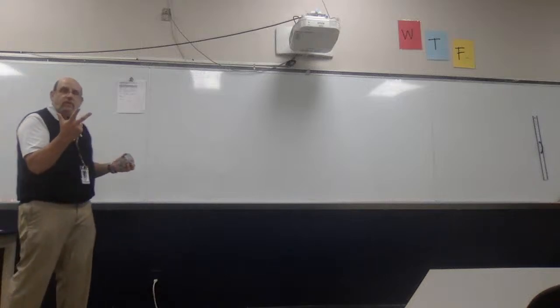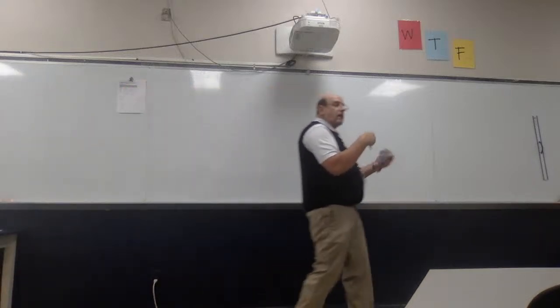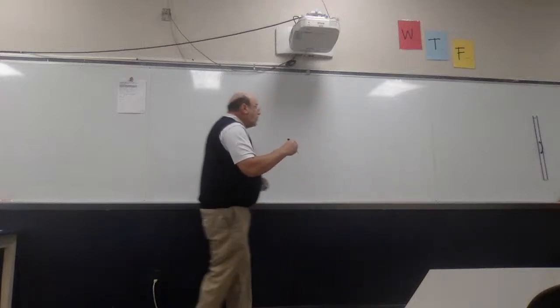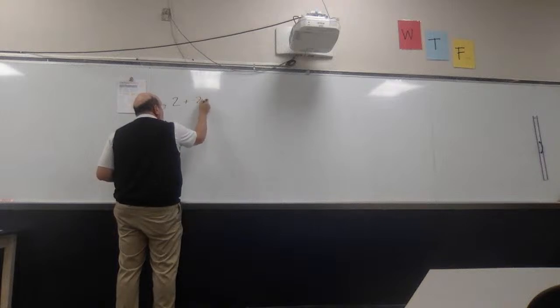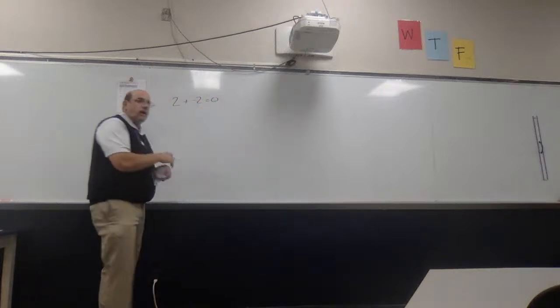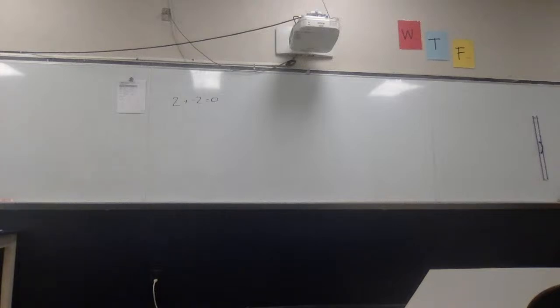Inverse, additive inverse, is just the opposite, right? You add the opposite. So what's the additive inverse of 2? Negative 2. You add -2 and you get 0, right? Multiplicative inverse, instead of looking for 0, you're looking for 1.